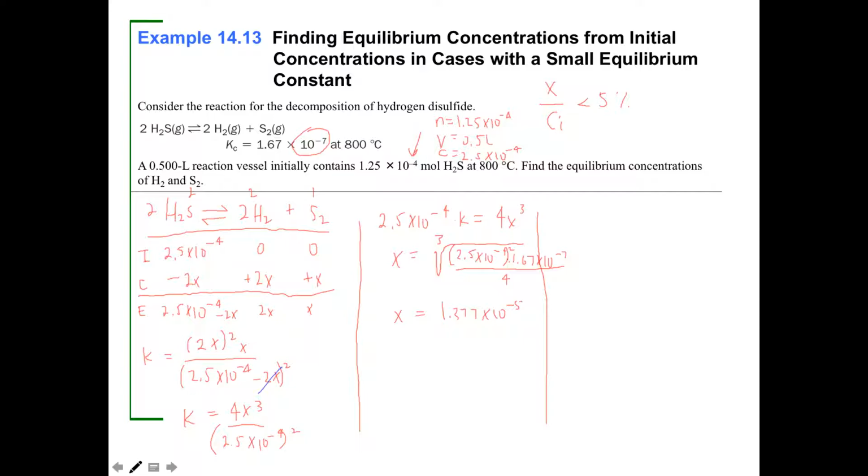Okay, now here's the magic. I'm testing it to see if it is smaller than my initial concentration. Or rather, to see if the ratio is less than 5%. 1.377 times 10 to the minus 5, and my initial concentration here was 2.5 times 10 to the minus 4. And I don't think this can be less than 5%.